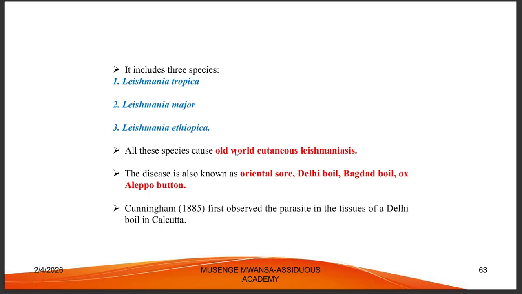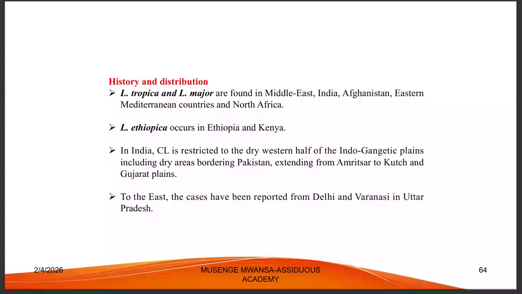This will cause what we call Old World cutaneous leishmaniasis, also known as the oriental sore or Delhi boil, the Baghdad boil, or Aleppo button. Take note of the oriental sore and Delhi boil. Just know those two names for the cutaneous leishmaniasis.